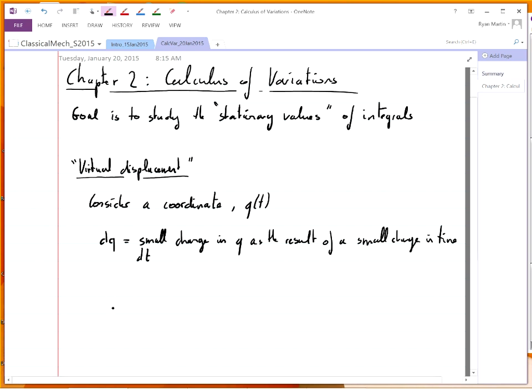Delta Q, which we call the variation in Q, is an arbitrary change in Q without the corresponding change in t.